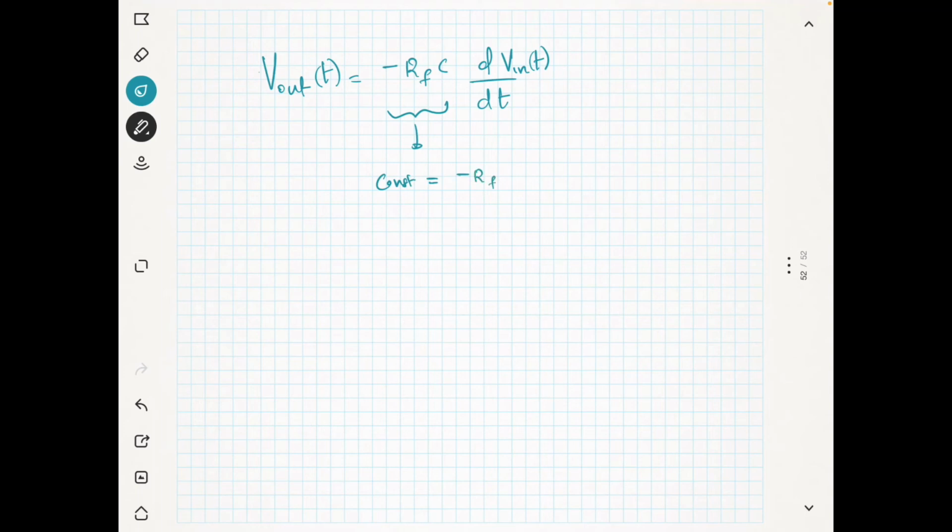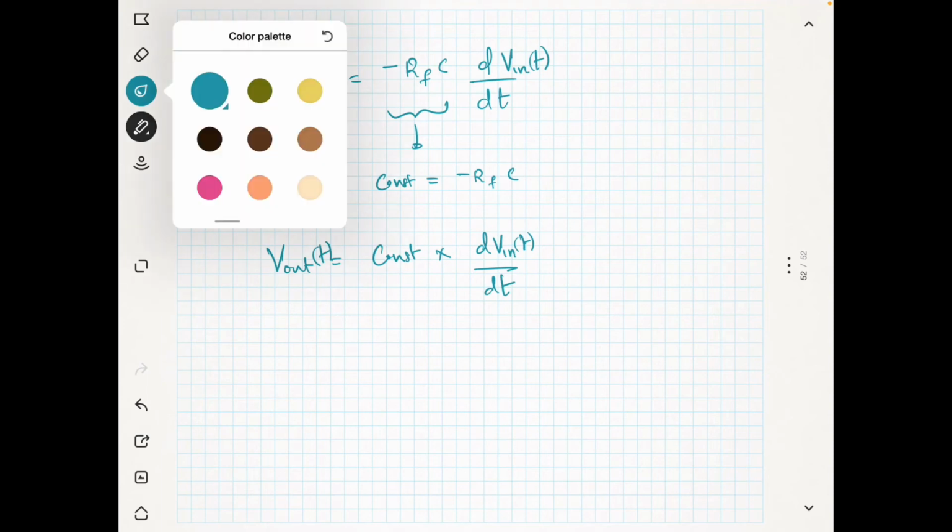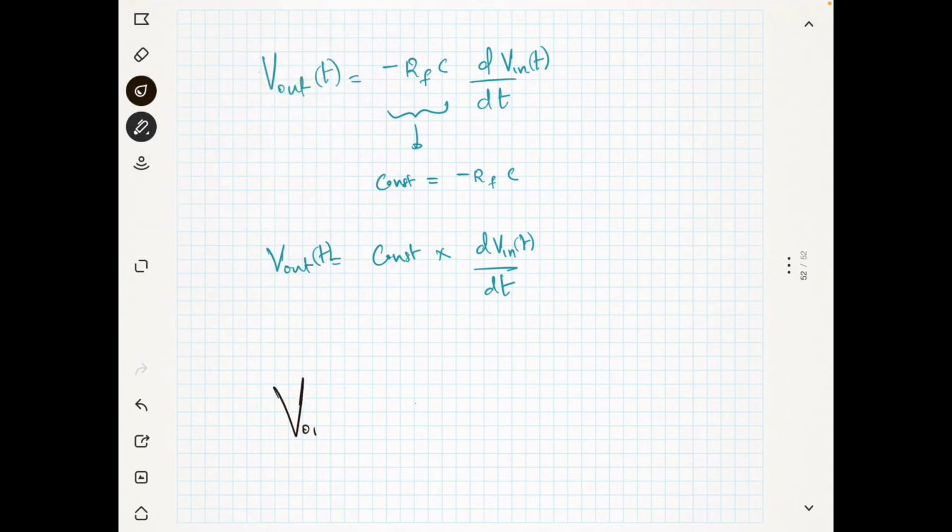It is minus RF into C. So V out of t is equal to some constant multiplied with dV in of t divided by dt. So the output is depending on the differential of the input. So I am going to write this equation. V out of t is equal to minus RF into C into dV in of t by dt.